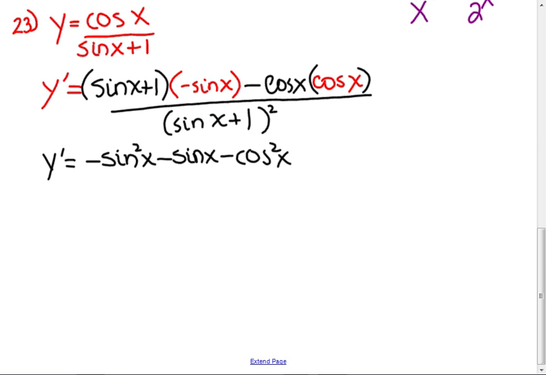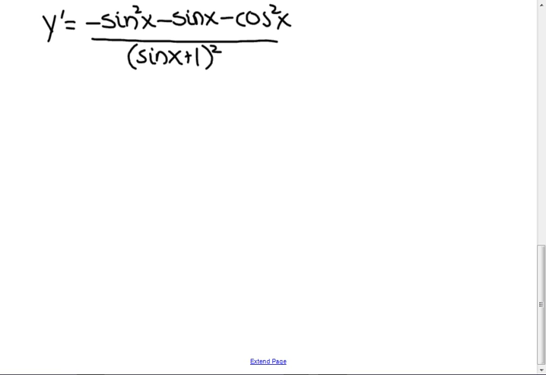There's an identity there. See what it is? This minus sine squared of x and minus cosine squared of x, as long as they're both the same sign, is negative 1. Do you remember that?